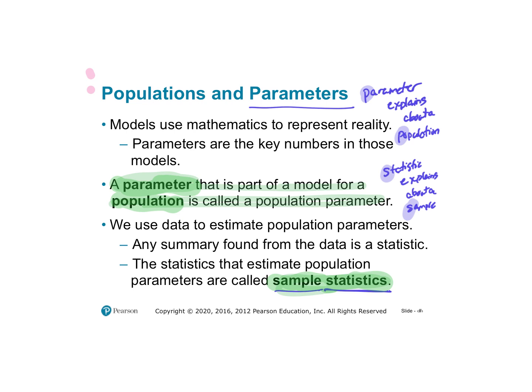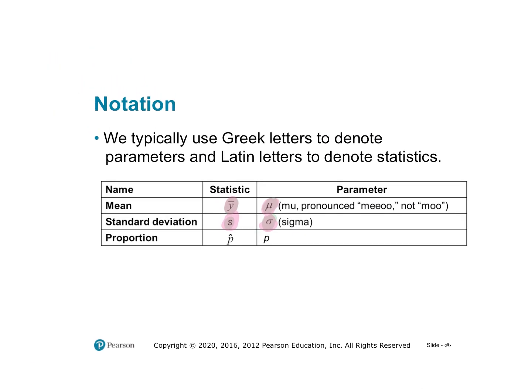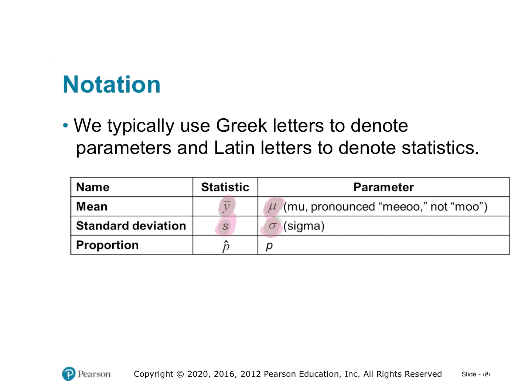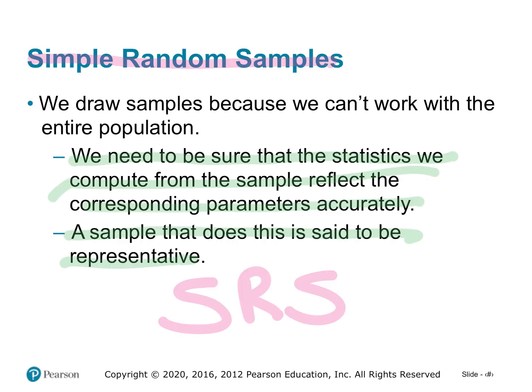It has to do with a statistic about a population. And then there's the sample statistic. So a statistic explains something about a sample, just like a parameter explains something about a population. You guys are already familiar with the variables, the letters that we've used to represent mean and standard deviation, so I'm not going to spend any time on that.